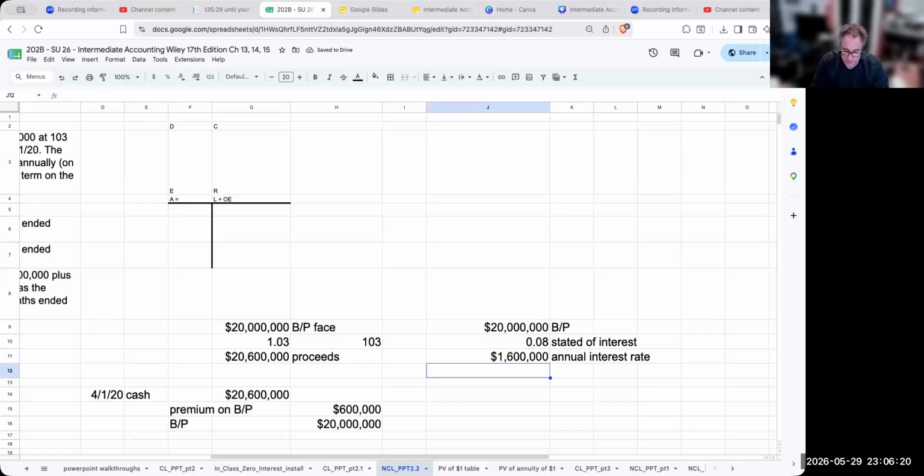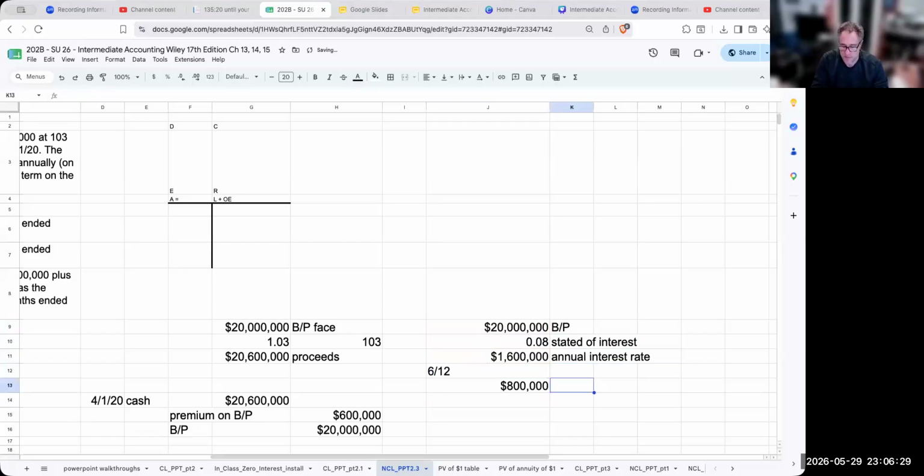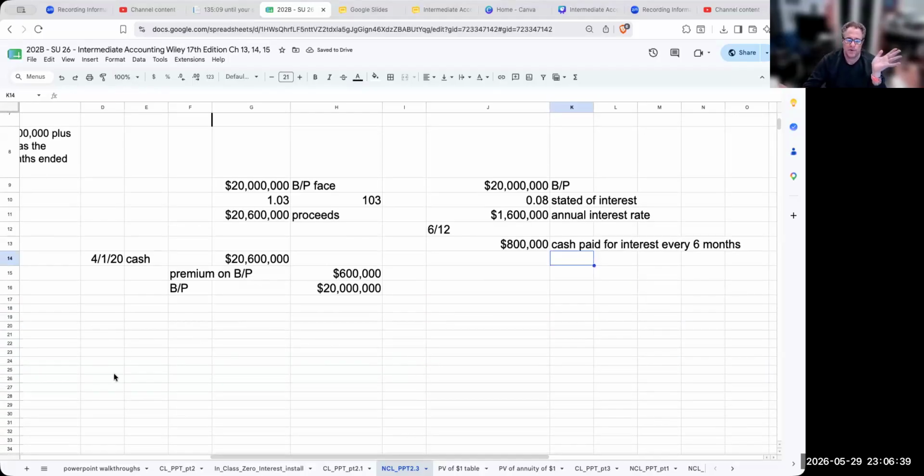If I multiply this by 6/12, that gives the cash paid for interest every 6 months.